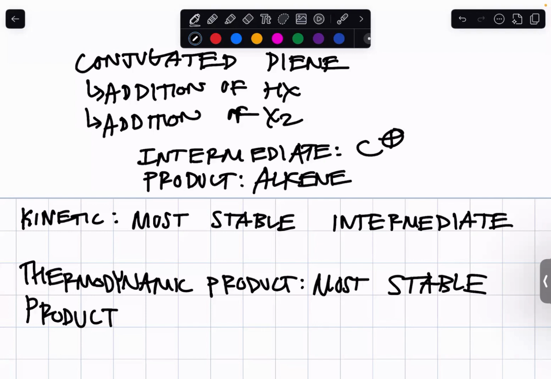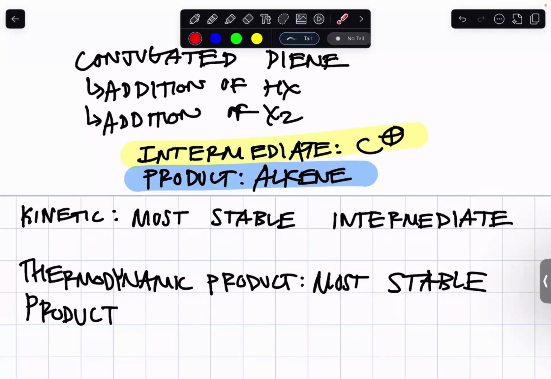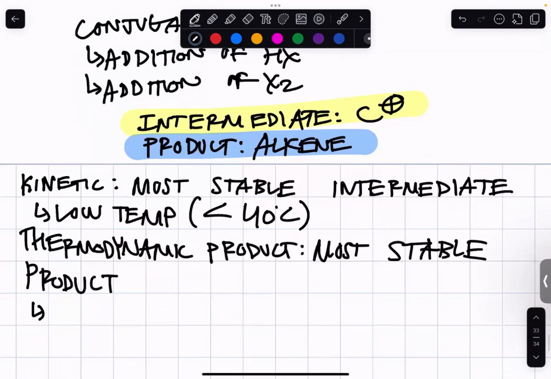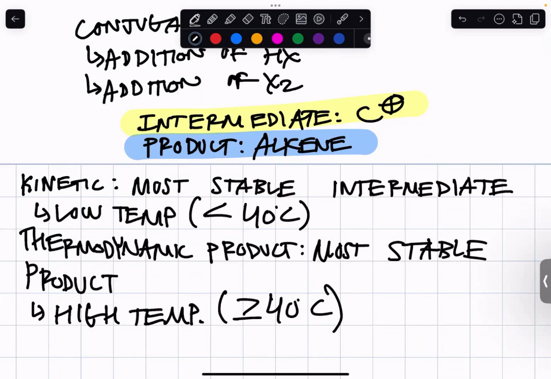So when you think about kinetic, think most stable intermediate, the most stable carbocation. When you think about thermodynamic, think most stable product, the most stable alkene, the most substituted alkene. Kinetic is the one that gets formed first, very fast, and it is favored at low temperature, which is less than 40 degrees Celsius. Thermodynamic is favored at high temperature, which is greater than or equal to 40 degrees Celsius.